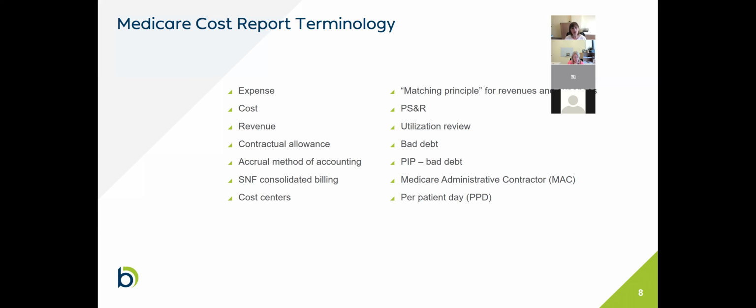Lisa already talked about accrual method of accounting, so Medicare cost report is prepared based on accrual basis. So all of you see those adjustments where we remove some expenses that maybe were accrued and not paid for the beginning of the year. And then in the end of the year, we are not just looking at expenses you had in June, but you may be getting some invoices in July for services that were provided to your facilities in May or June.